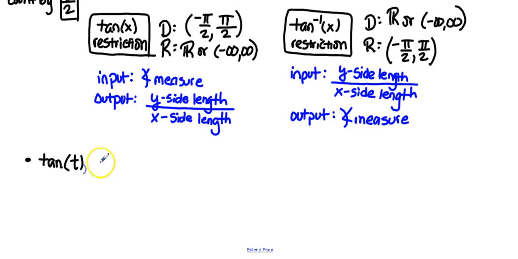Tangent of t, or angle t, is the ratio of sine of that angle divided by cosine of that angle. Or you could recall it as y divided by x.